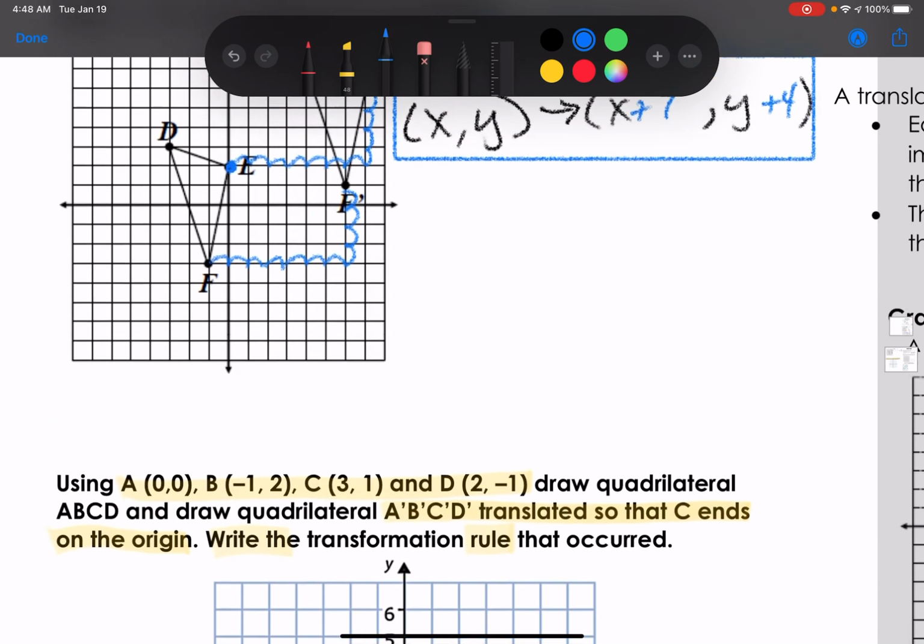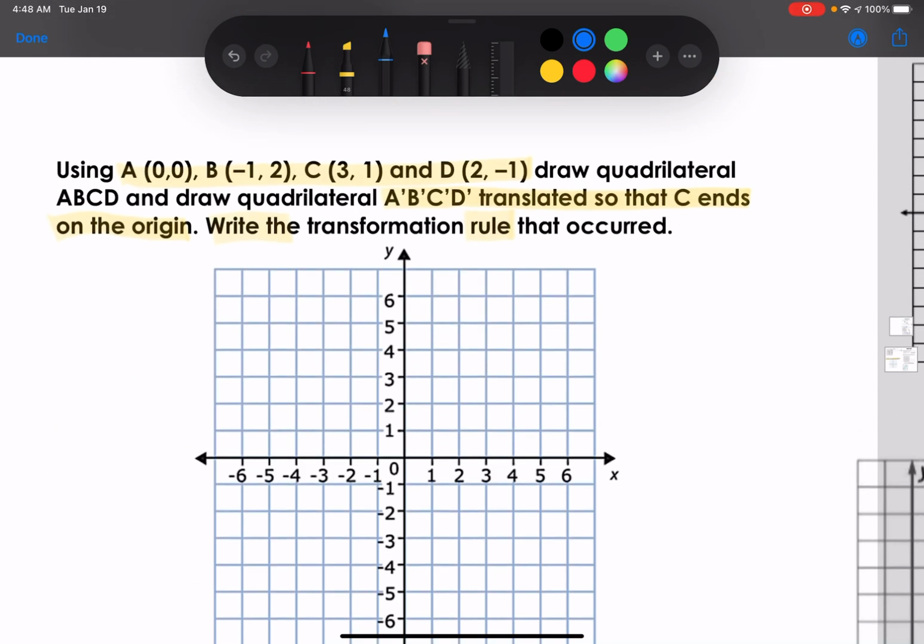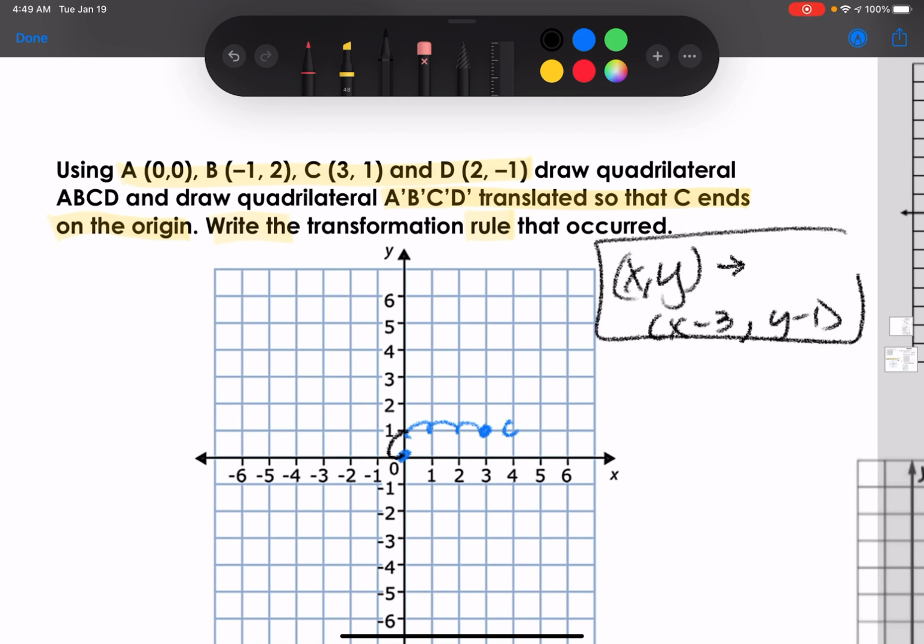Or if we're using what we just learned in the knowledge that we have from the example before, if you're at 3, 1, right here, and I want to get to 0, 0, then all you're going to do is go left 3, meaning it's going to be x minus 3, and you're going to go down 1, it's going to be y minus 1. And this would be your algebraic representation.